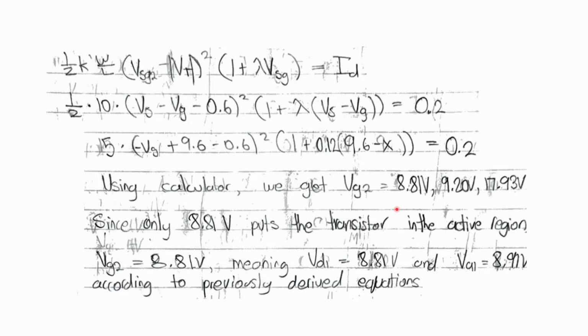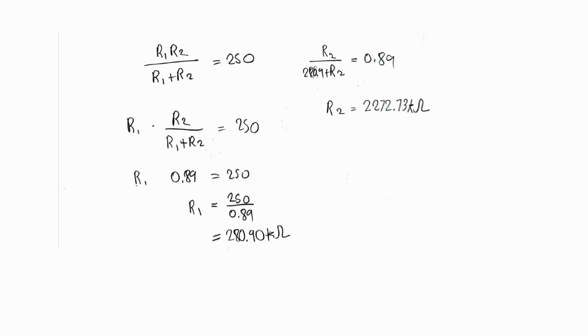Since VS2 is 9.6 volts and the threshold voltage is 0.6 volts, we know that VG2 must be less than 9 volts. And only one of these values satisfies that condition, which is 8.81 volts. And we figure that VG2 and VD1 must equal 8.81 volts, and VG1 must equal 8.91 volts. We can find the resistor values with the same approach we used earlier.